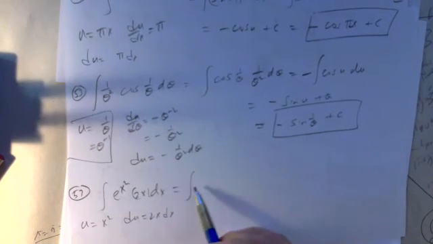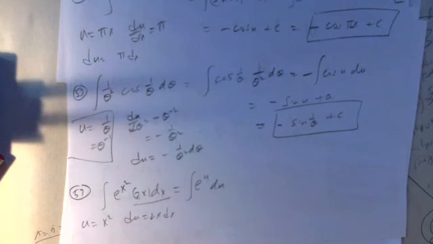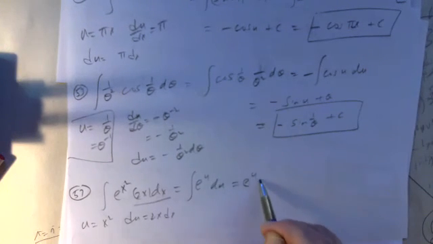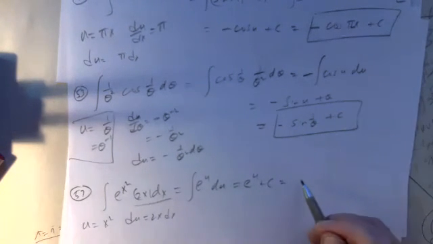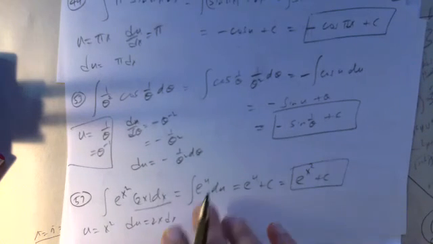And this just becomes the integral of e to the u du. And the integral of e to the u is e to the u. So this is e to the x squared plus a constant.